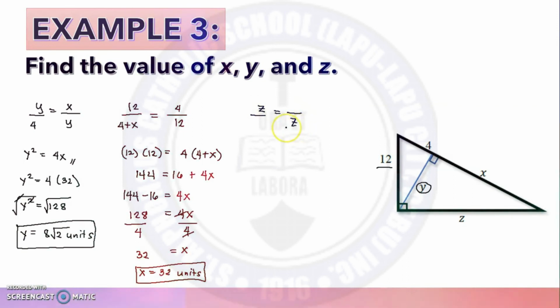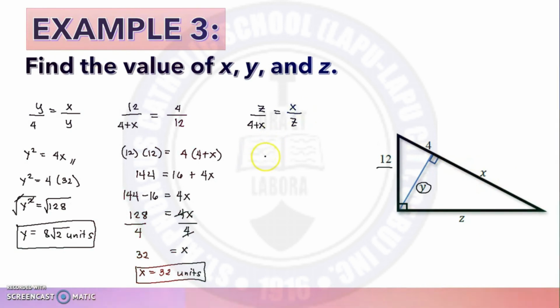And it is the geometric mean of the hypotenuse, again, of the hypotenuse. And the hypotenuse here is 4 plus x. And to the segment adjacent to that leg. And the segment adjacent to the leg z is x because it is closer to x than 4. So we will write x here.